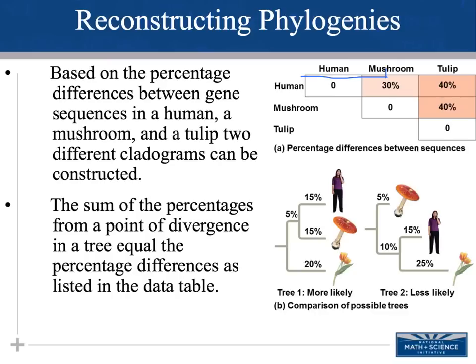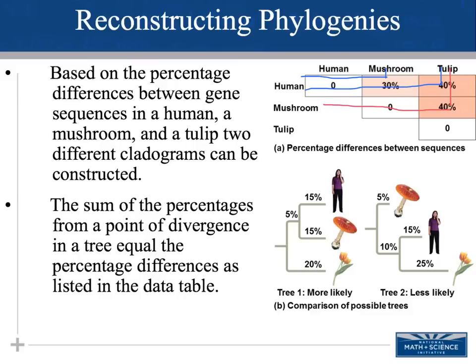Between human and tulip, we're now looking at 40% gene differences. Of course, between mushroom and mushroom, there are no differences. Between mushroom and tulip, there are 40% differences. And between tulip and tulip, there are no differences. So that's how you would read this table right here.